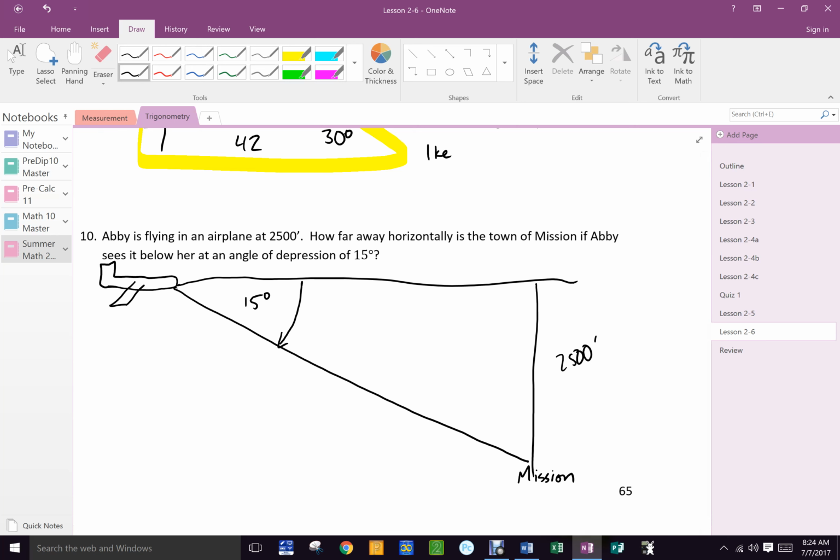What do I know about that triangle? Do I have a theta? What is it? 15. What else do I have? Once I have an angle that I'm working with, there I am. I'm happy. There's my gray hair.